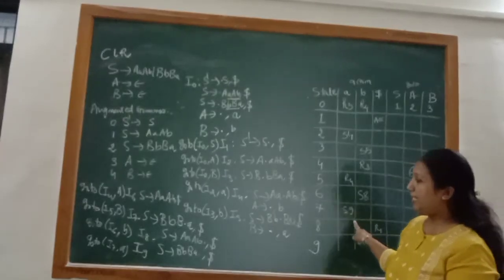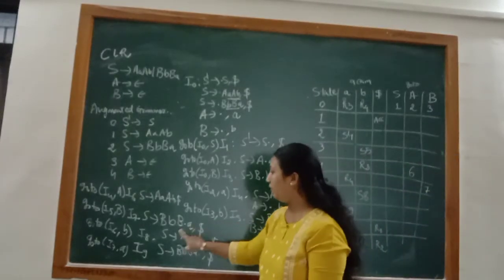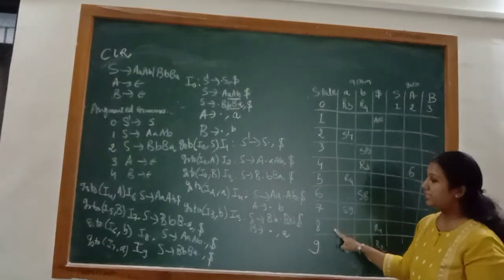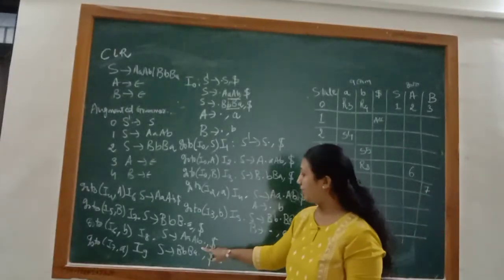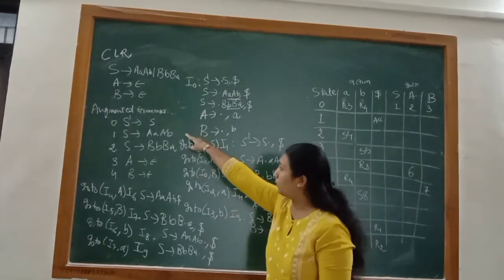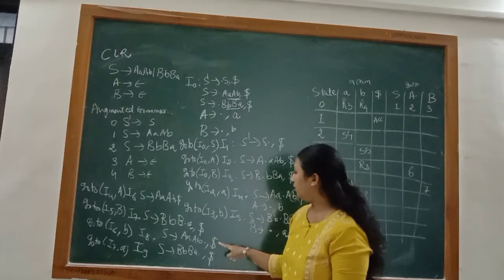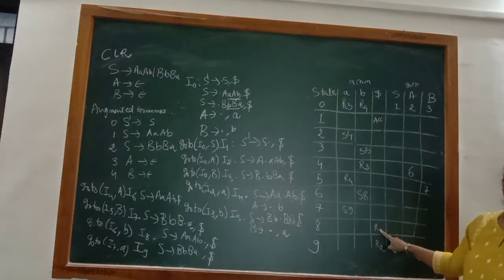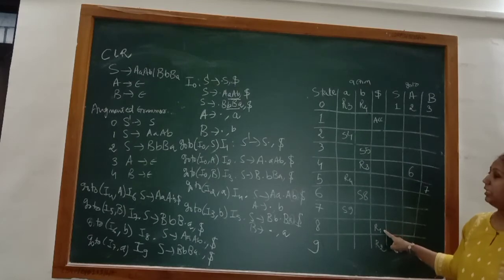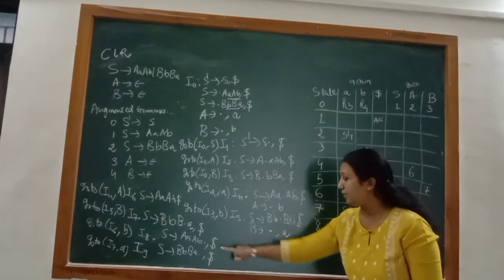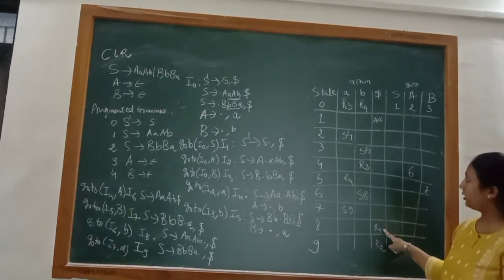Same way in I7 we get small a, we move to I9, so we write S9. In state I8 the production S2AA is completed, that is production number 1, so R1 will be made in dollar. The reduce entry is made in the look ahead of that particular item, that is dollar, so we put R1 here in dollar.